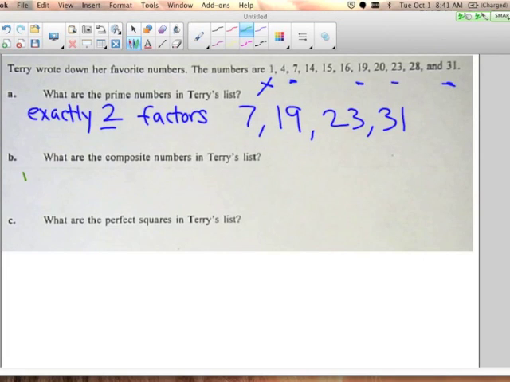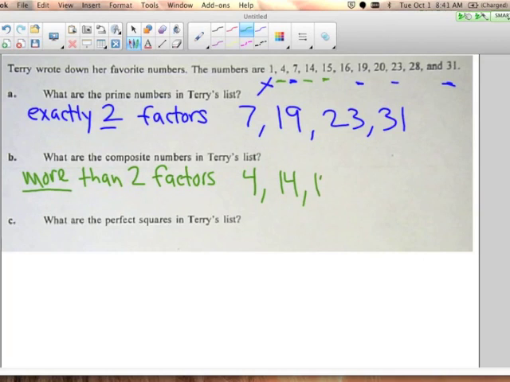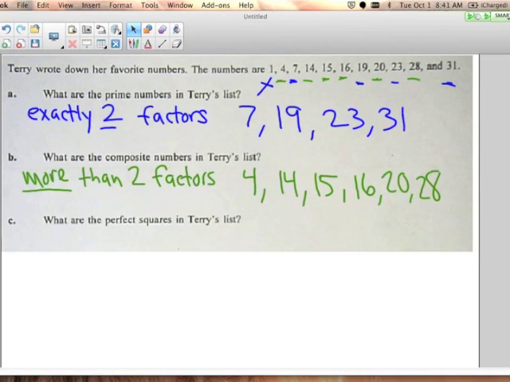Like I said, 1 should not be there. A composite number has to have more than 2 factors. Once again, 1 is not on the list, and then the ones that were prime can't also be composite, so I'm just listing the ones that were not prime. And so you should have 4, 14, 15, 16, 20, and 28.